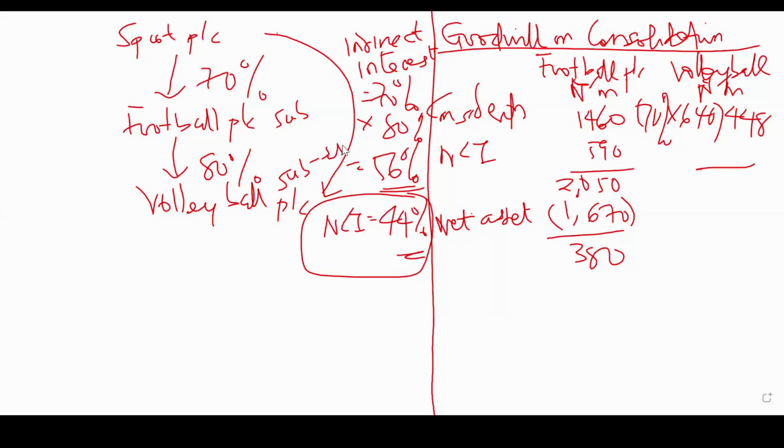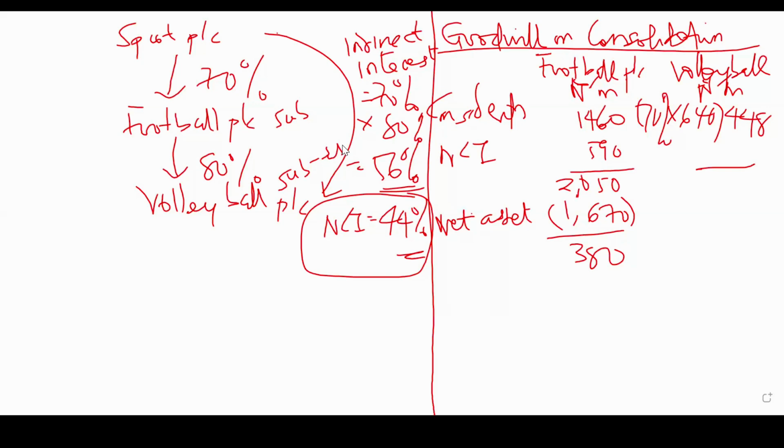I thought the 70% was between Sport and Football. But who paid that consideration? It was Football PLC. So 70% of that cash that Football PLC paid, we assume that it is for Sport PLC. This is different from if Football PLC wants to do consolidation of volleyball.